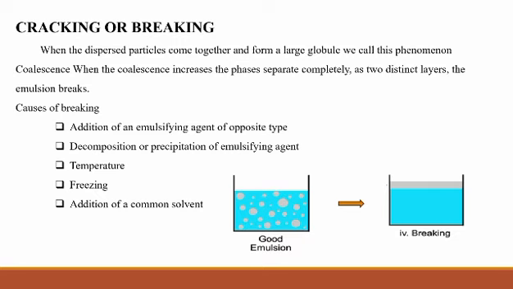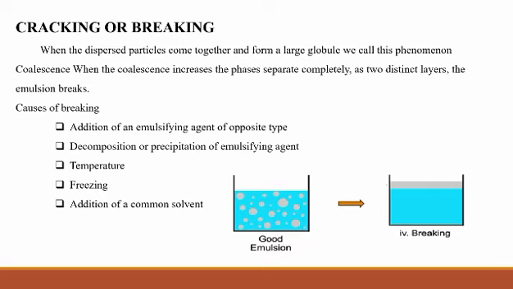The first will be the larger globules formed by joining the dispersed particles, and the other layer will be the dispersion medium. So when the coalescence phenomenon continues for a long time period, it may lead to cracking or breaking. It is an irreversible process.